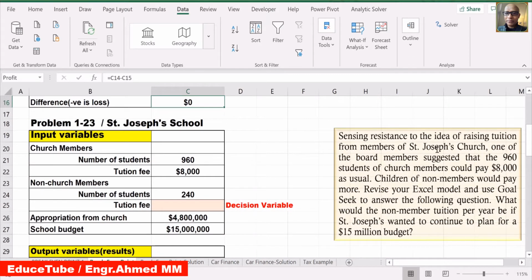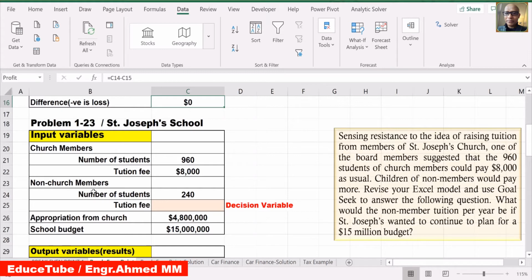Now for the second problem: sensing resistance to the idea of raising tuition from members of St. Joseph Church, one of the board members suggested that the 960 students of church members could pay 8,000 as usual. That is why I put here number of students 960, tuition fee 8,000 as usual. But children of non-members would pay more.